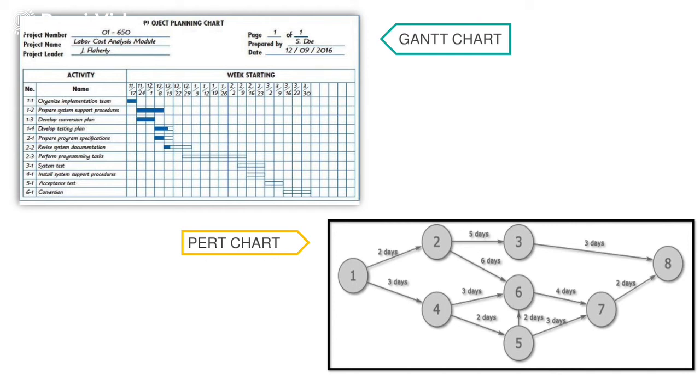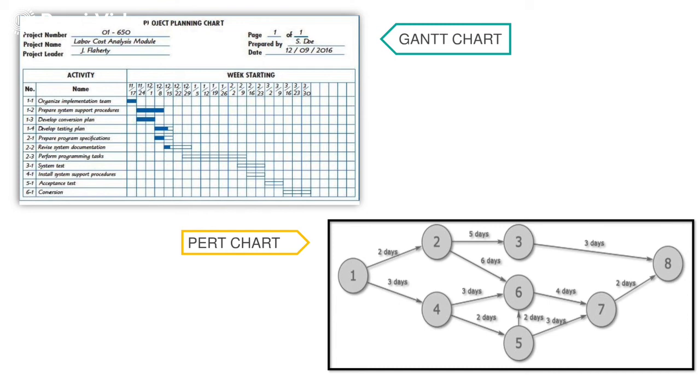So the bar shows the time allocated for each of the activities. So this Gantt chart has the ability to show graphically the entire schedule for a large or complex project. They can see the progress of the development process, the date, the status, and so on.